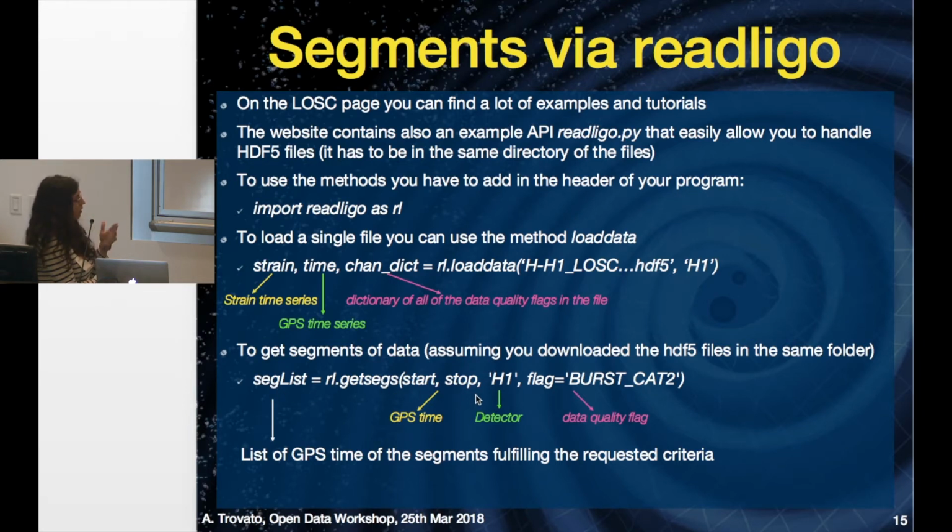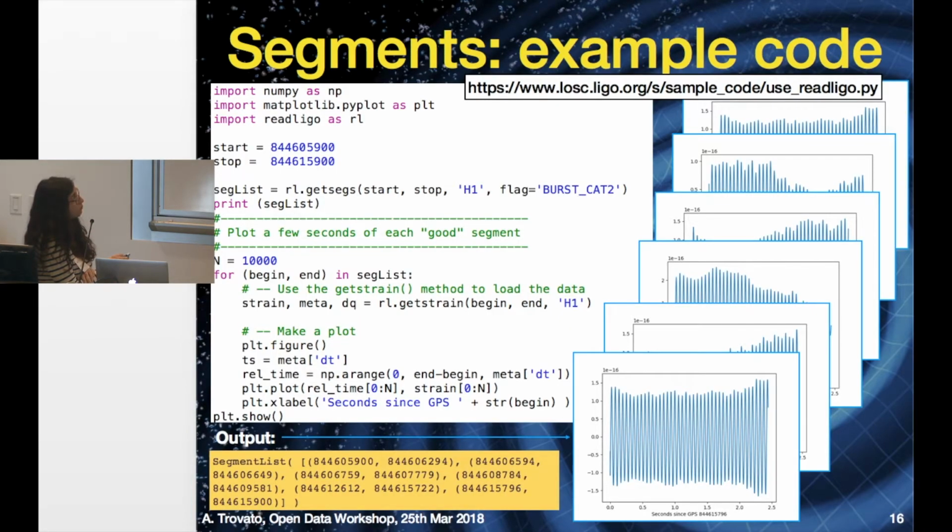Again, you specify the GPS time, the detector, and you can choose one flag. And this is an example of a simple program that gets these segments, and this printing here will give you all the segments.